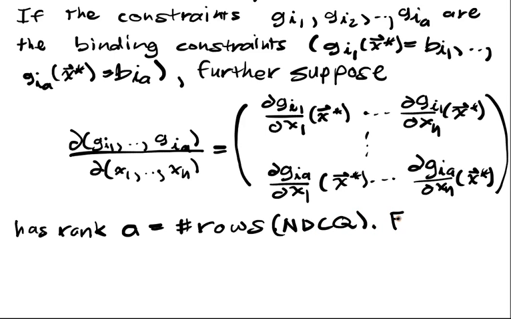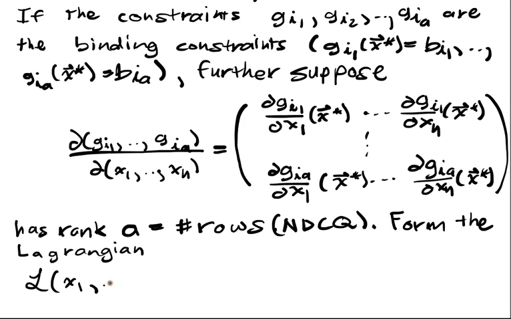So now form the Lagrangian. And it looks like it always does. L of x1 up to xn, I have lambda, and now I have a lambda for every single constraint.